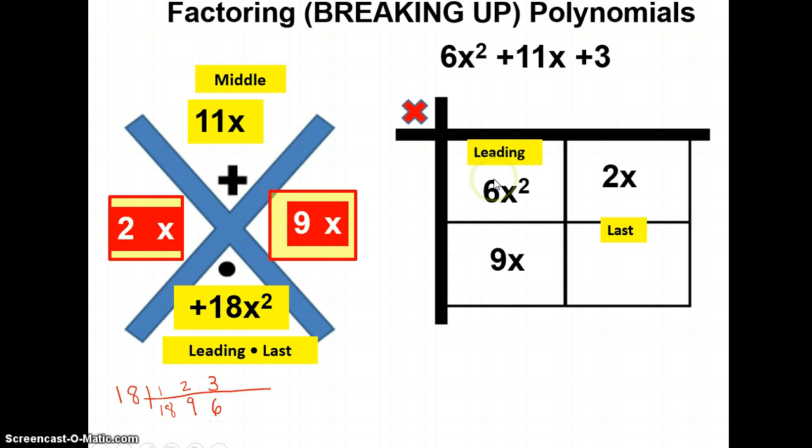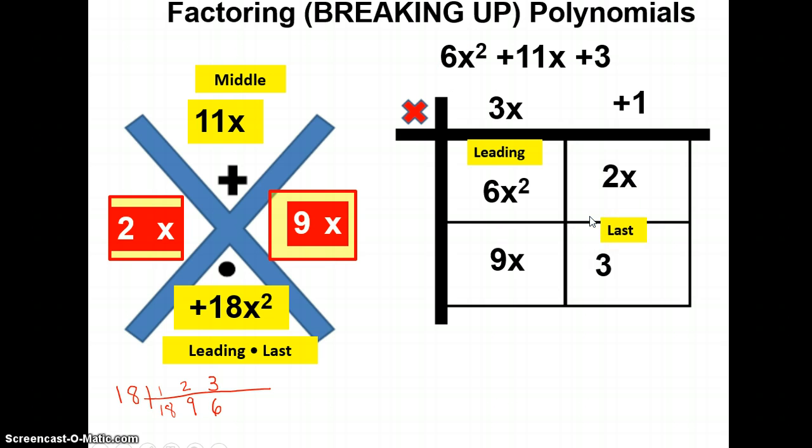My leading term, my last term. What do these two have in common? What variable do they have in common? What multiple do they have in common? 3x. What do these two have in common? What are they both a multiple of? Both a multiple of 1. Again, I'm putting positives here already just because all of my numbers are positive.